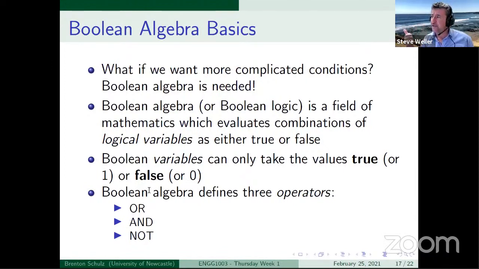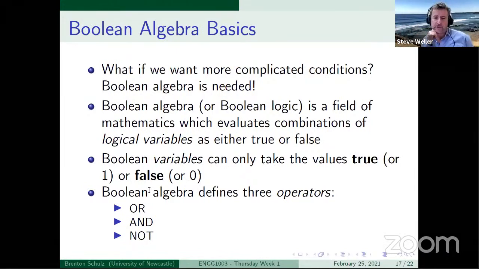One of them was an integer. One of them was a float or a real number. Those floats and integers, they're what are called types of variables. We discussed that earlier.